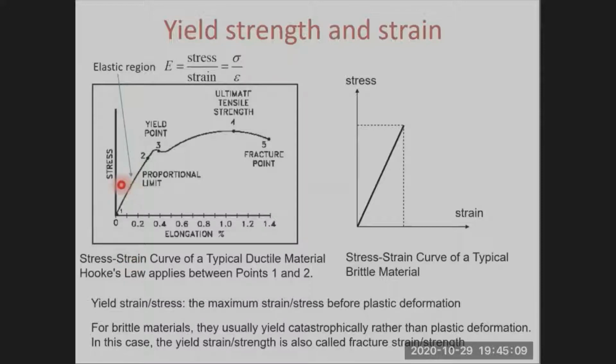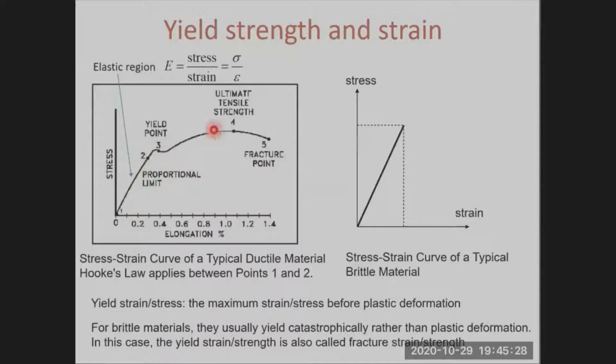Previously we defined the Young's modulus, which is defined as the stress over strain. Then we found this figure. We can see that Young's modulus is simply the slope of the stress versus strain curve.